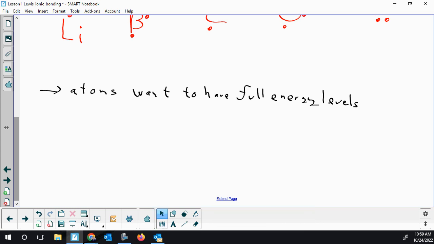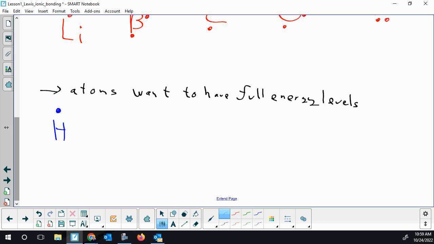So most of our representative elements will want to have 8. The one exception we have to watch out for, remember, is our period 1s. The first energy level only holds 2 electrons. So the second, the third, the fourth of the representative elements all want to have 8 in their outer energy level, but hydrogen and helium are different.